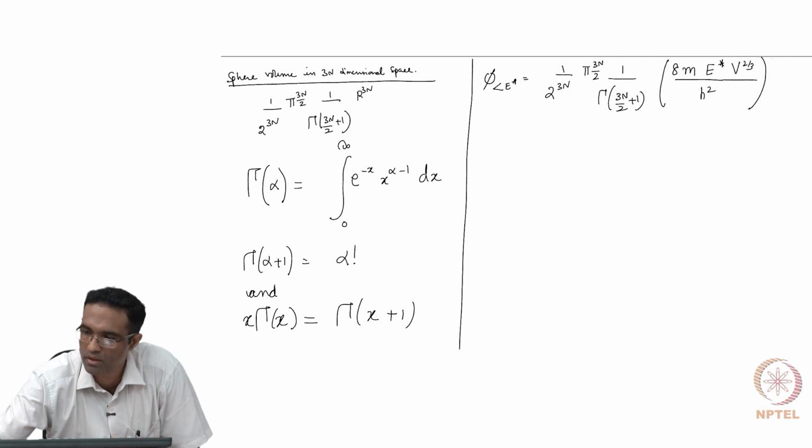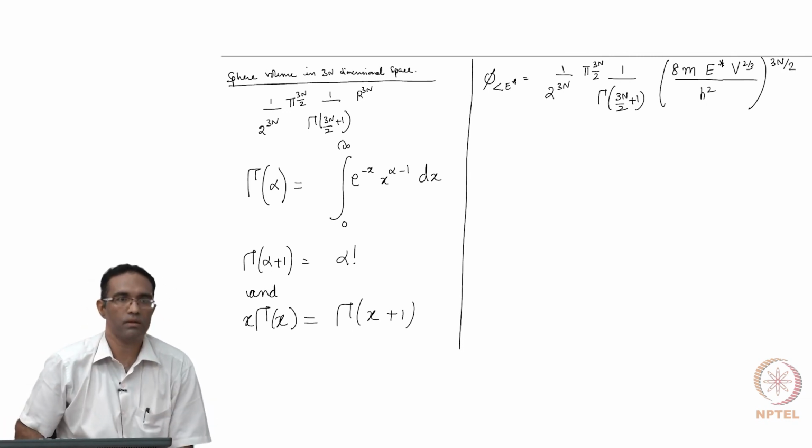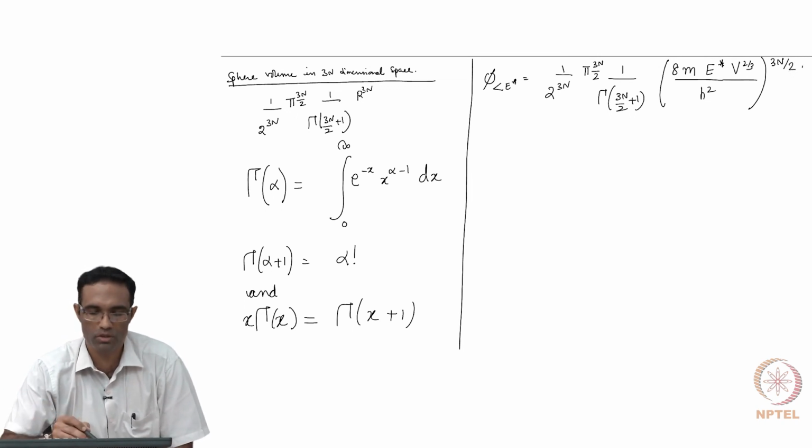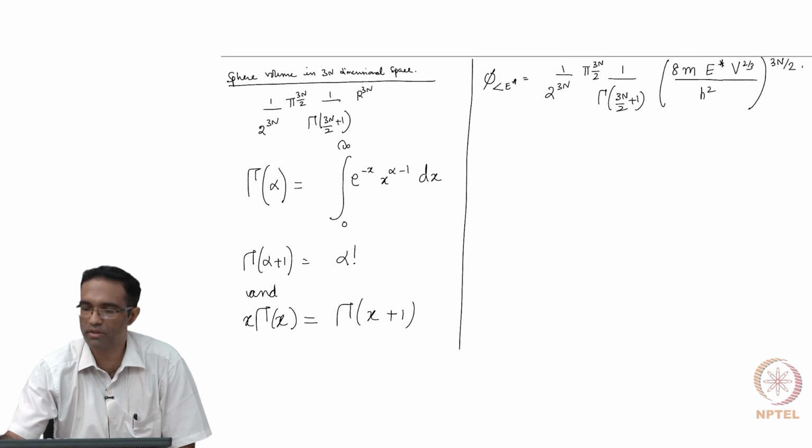So you have here 3n divided by 2, right, we had square root of r, so that is why you have this 2 in the denominator, and this was taken to the power 3n, so you have this 3n here.